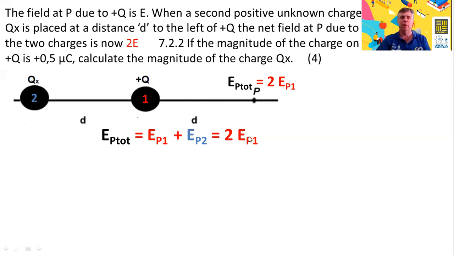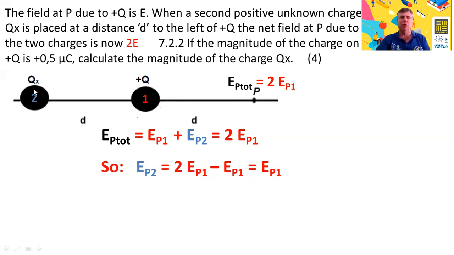But we were also told that it was double the electric field when there was only 1 charge. So we can say the electric field at P due to charge 2, do a quick calculation, we'll find actually it must be the same as that due to charge 1. Obviously, because it's doubled, you've just added the same again.